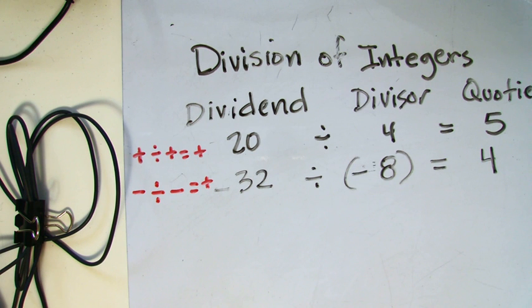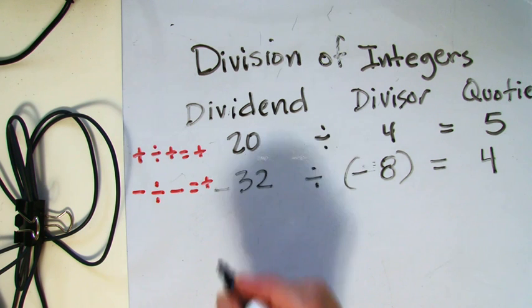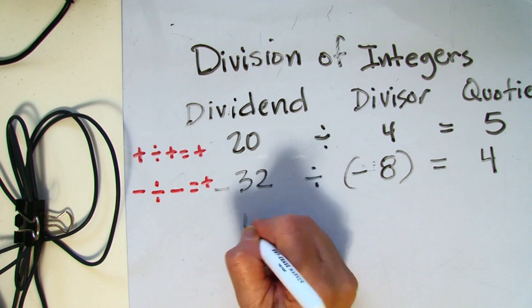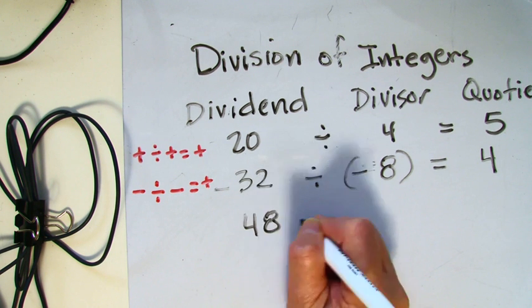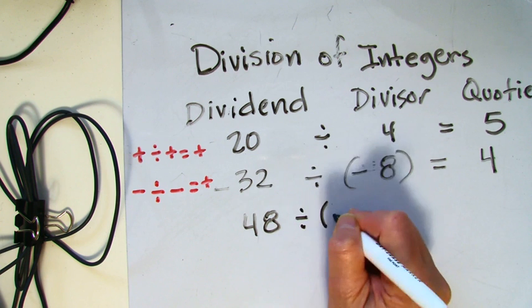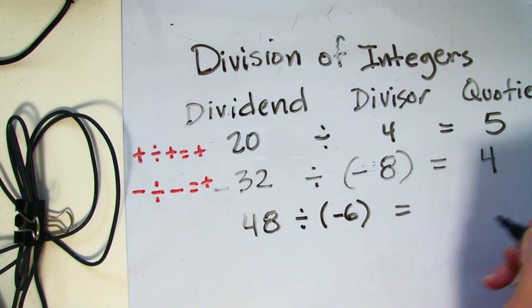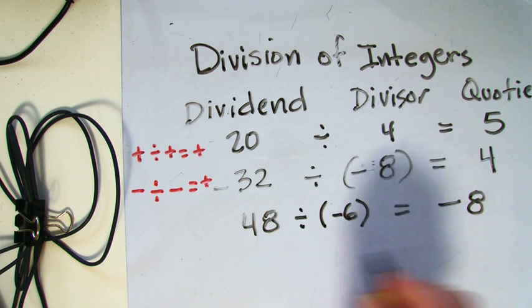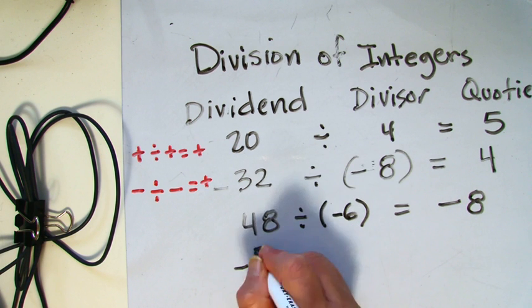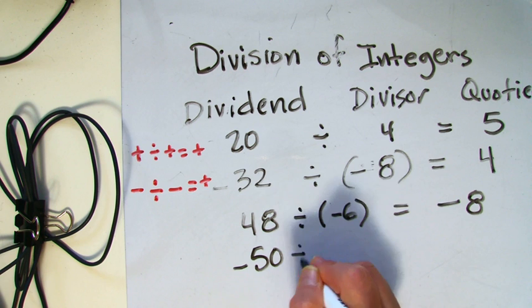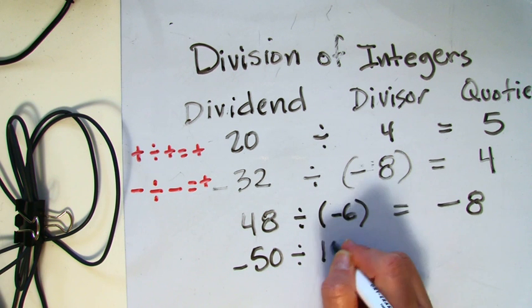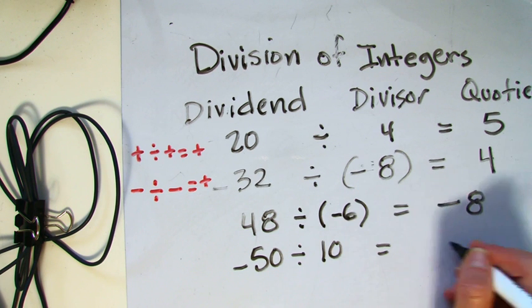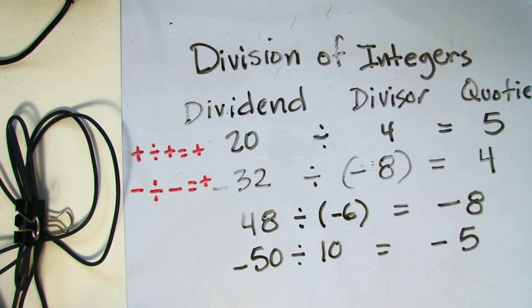Okay, now if we have a positive divided by a negative or a negative divided by a positive, we are going to get a negative result. So some examples: 48 divided by negative 6 will give me a negative 8, or negative 50 divided by a positive 10 will give me negative 5.